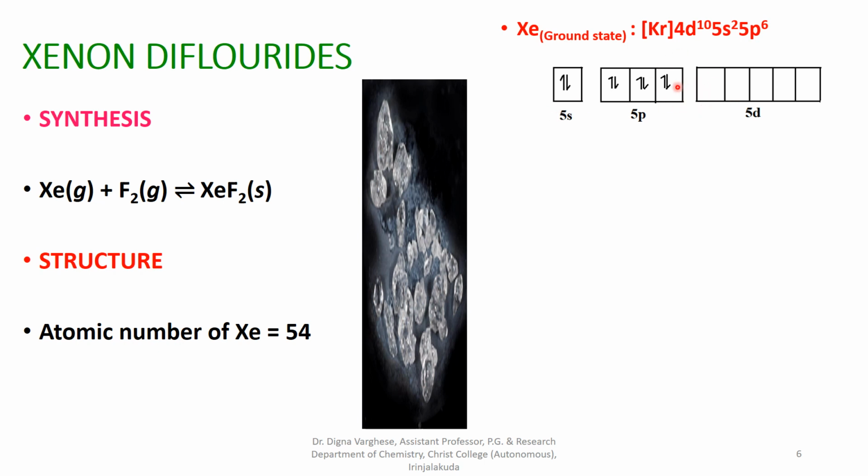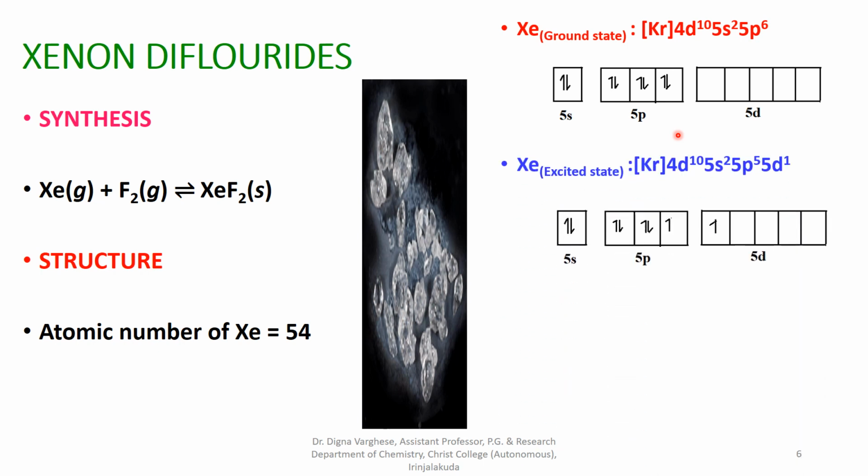Energy for initial electron promotion is supplied by bonding. Now the excited state for xenon is 5s2, 5p5, 5d1.